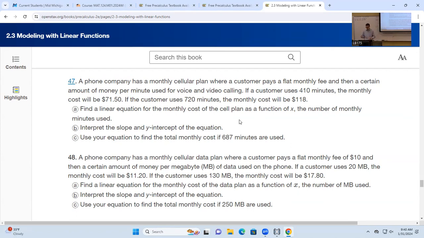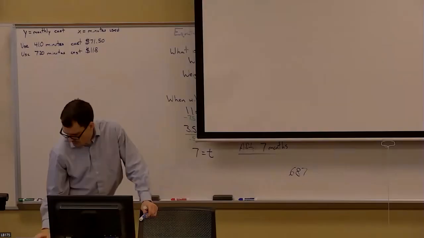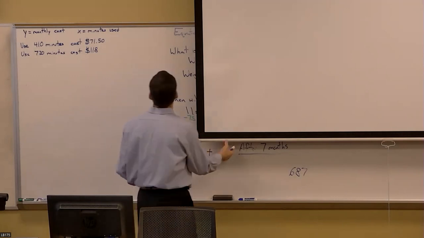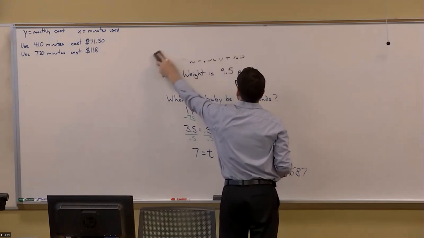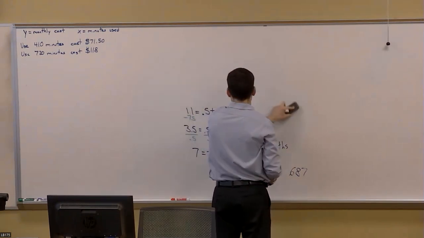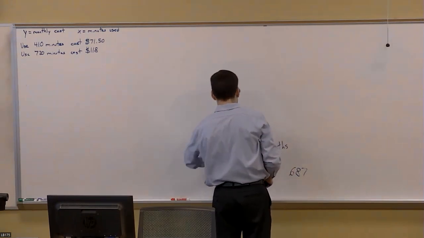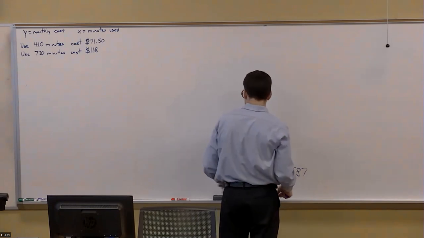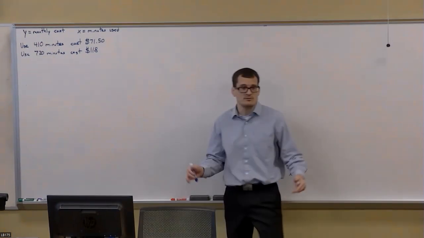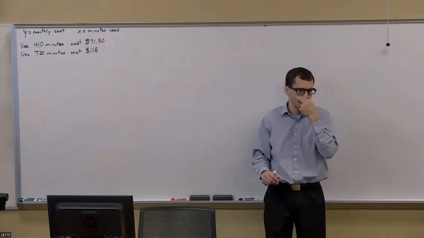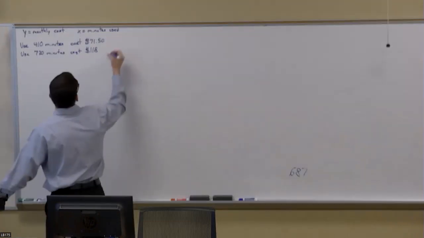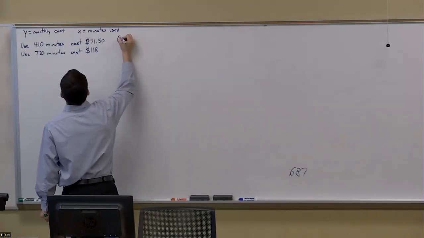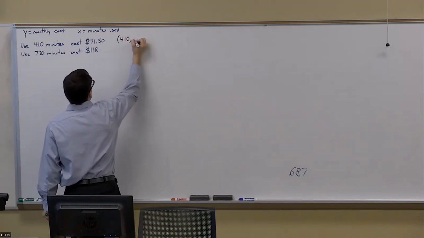All right, and then what's the cost after 687 minutes are used? So this one tells me to use X and Y as my variables. So I'll do that. Pretty straightforward in terms of what we're given here.